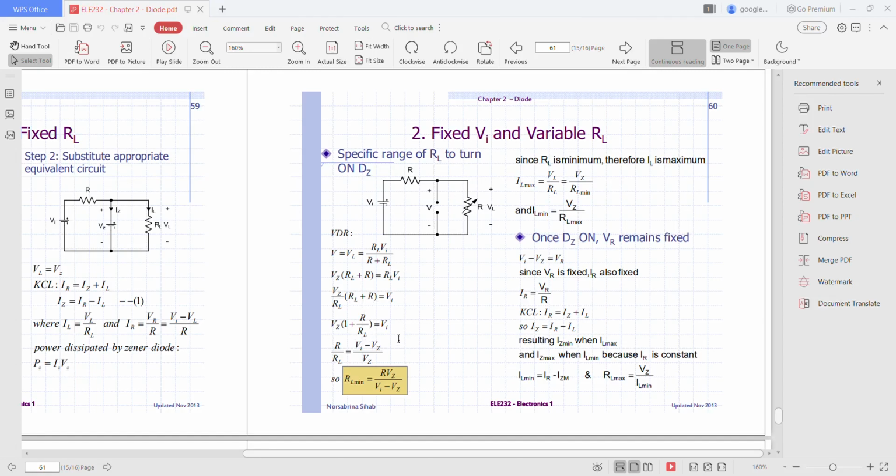That is equal to Vin. So here R over RL equals Vin minus Vz over Vz. So if you want to find RL, the equation will be RL equals R Vz over Vin minus Vz.